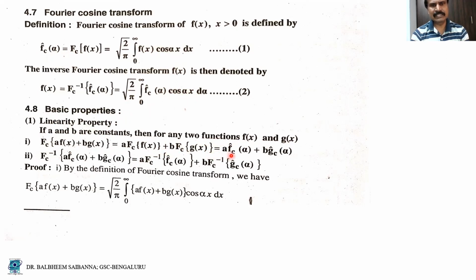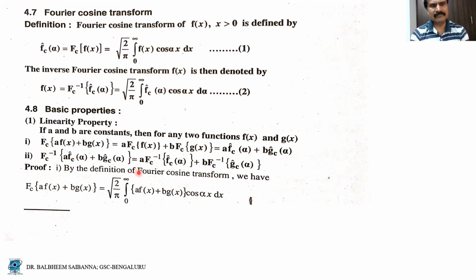That is equal to a fc cap alpha plus b gc cap alpha, where fc of f of x is written as fc cap alpha and fc of g of x is written as gc cap alpha. Second one, fc inverse of a fc cap alpha plus b gc cap alpha is equal to a fc inverse of fc cap alpha plus b fc inverse of gc cap alpha. Let us prove one by one.